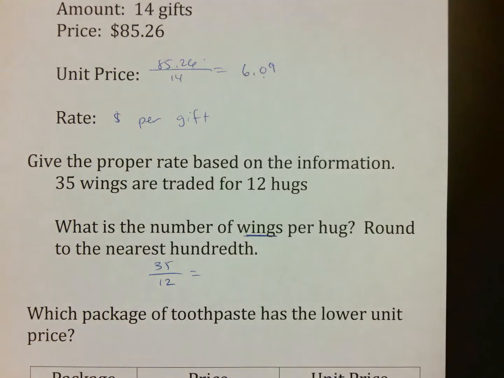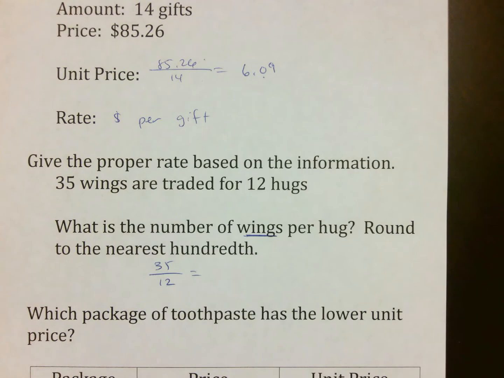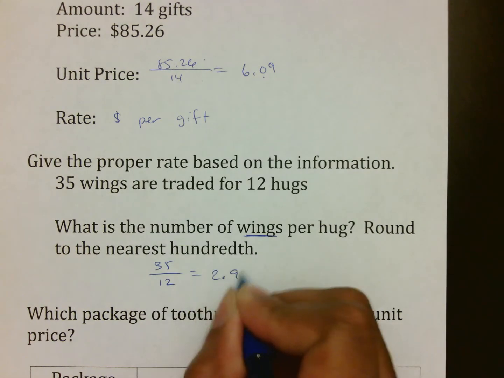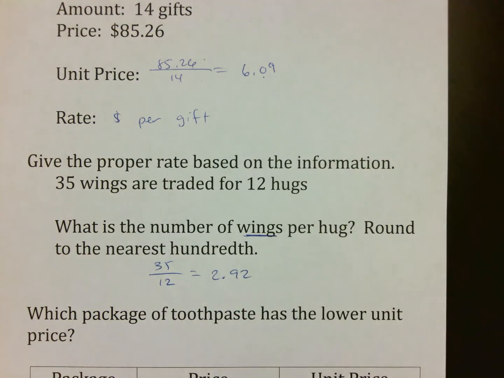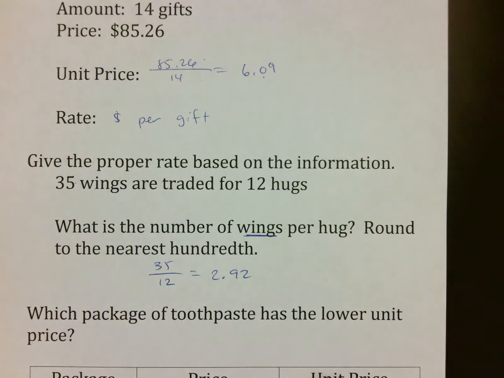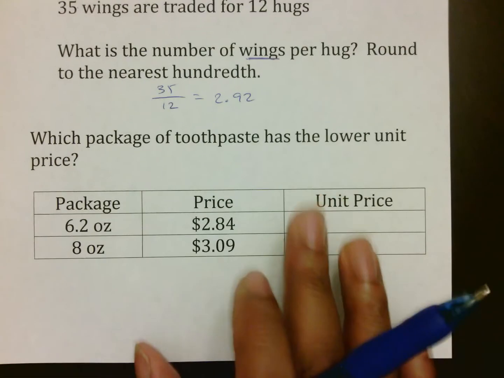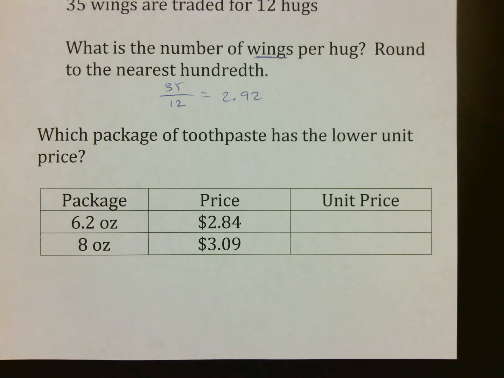And it says to round to the nearest hundredth, which means 2 digits, so 2.92 would be my number there. So 2.92 wings per hug. If you are asked for hugs per wing, you would put 12 on top, because it would be hugs per wing. So you just gotta pay attention to that whenever you do it, so that you're not thrown off by that whenever it pops up.